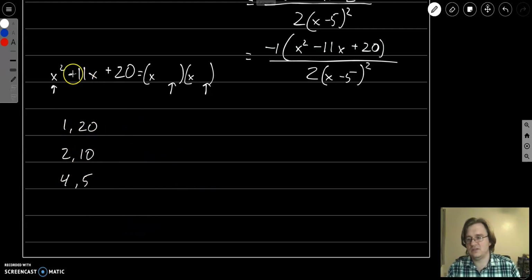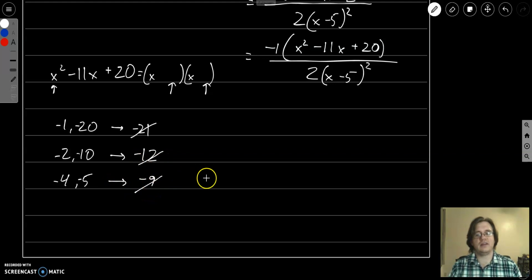So in fact, I want them to add up to a negative number, so I'm going to consider negative 1 and negative 20, negative 2, negative 10, negative 4, negative 5. And what do they add up to? Well, this will give me negative 21. Well, that's not negative 11, that doesn't work. This gives me negative 12, that doesn't work either. And this gives me negative 9.